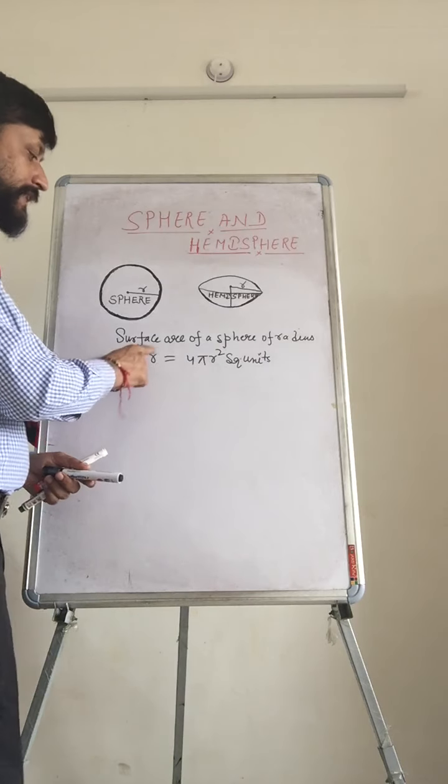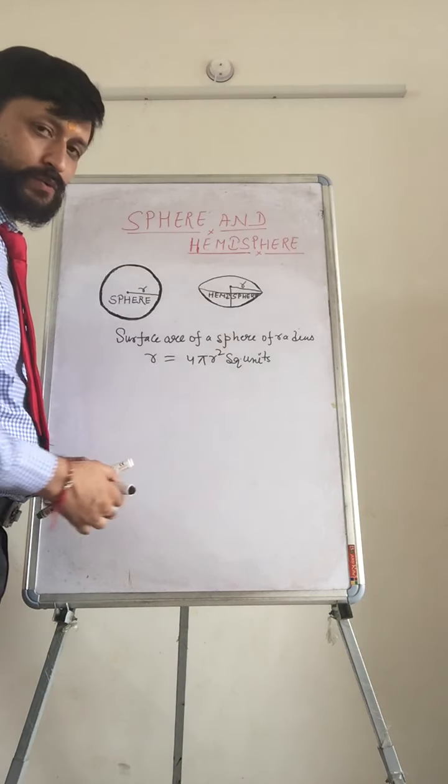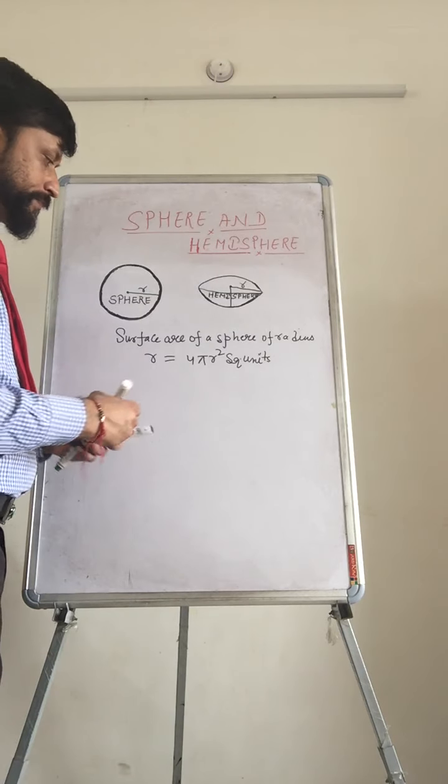If the radius is given in centimeter, then it will become centimeter square or square centimeter.